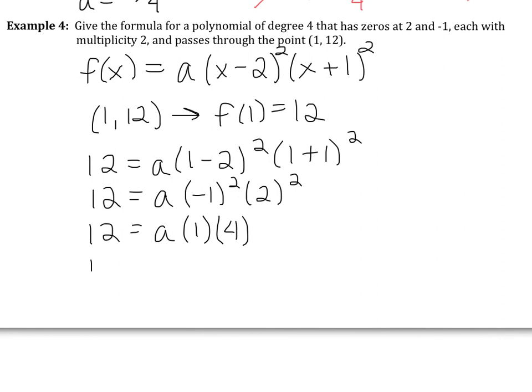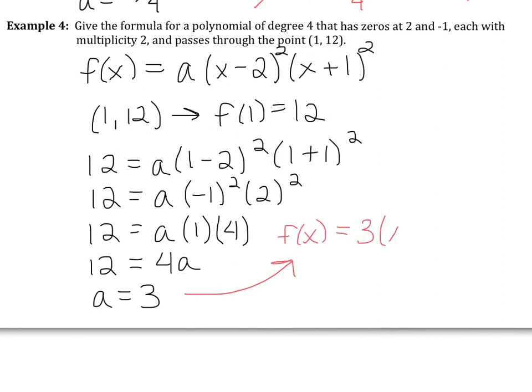So at the end of the day, I get here 12 equals 4 times a, and when I divide both sides by 4, a must be 3. So we can write our final formula as f of x equals 3 times the quantity x minus 2 squared times x plus 1 squared.